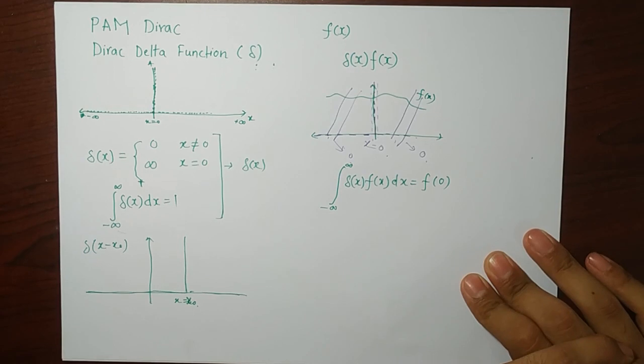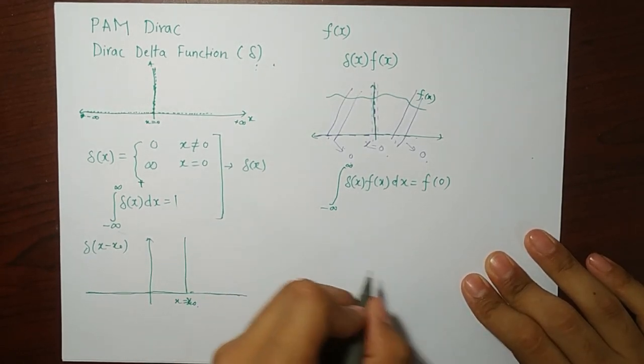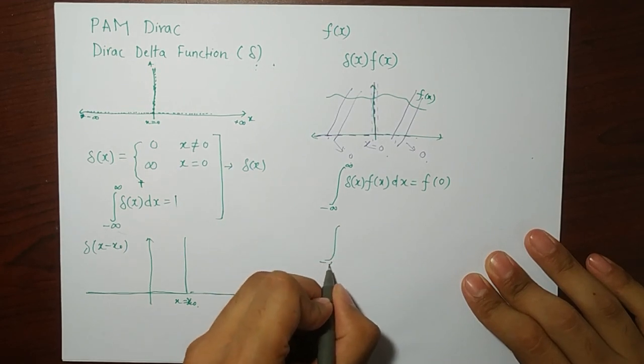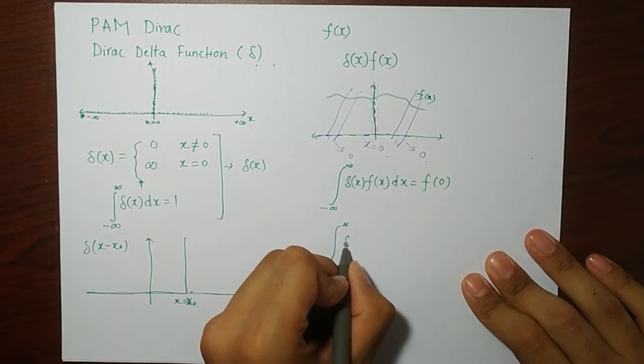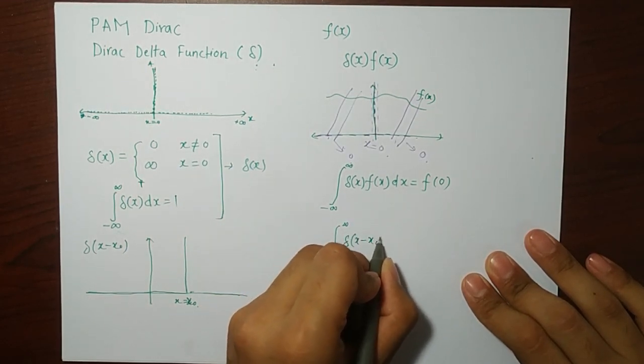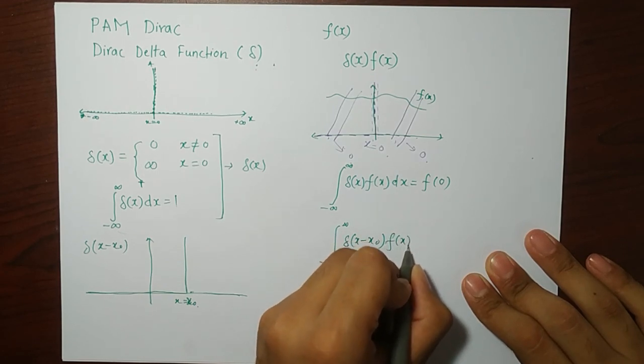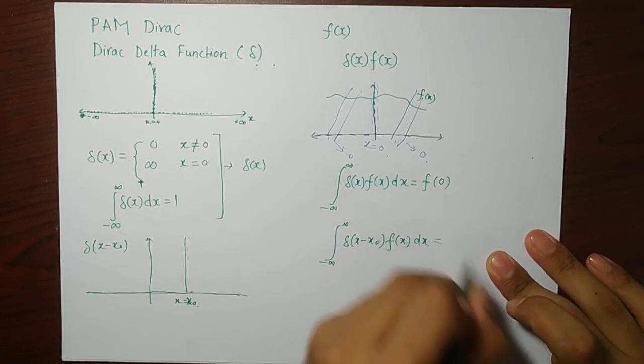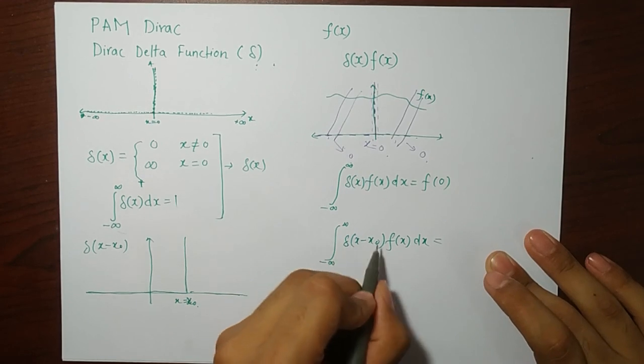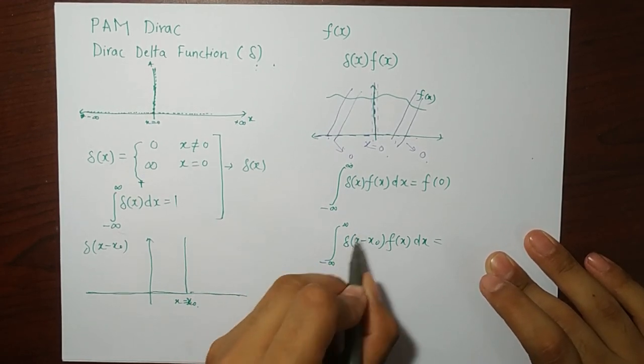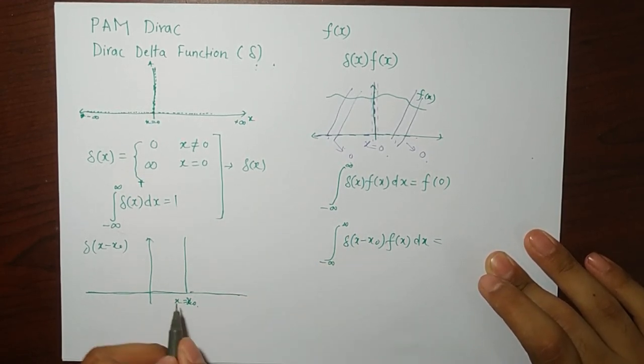Another variation of this particular formula is if you have, let's say, the integral of del of x minus x naught times f of x dx, then you know that there would be a peak at x equals x naught.